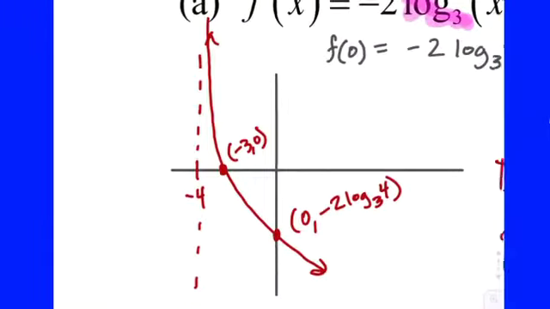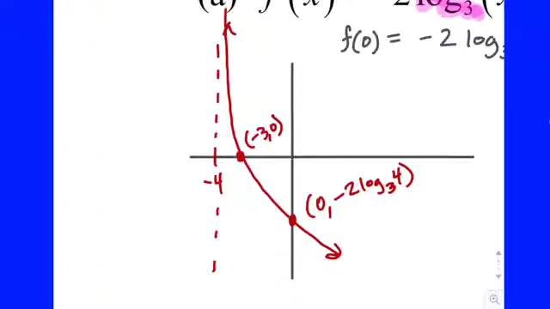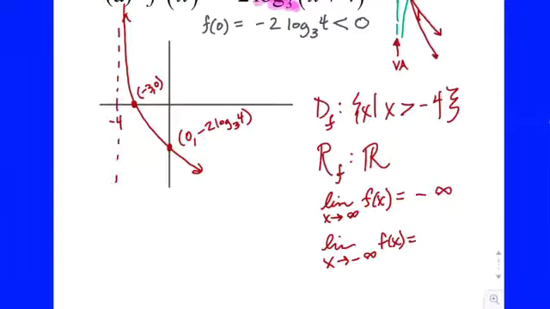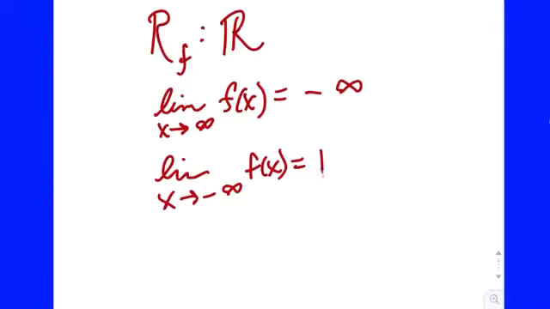When we talk about the left end behavior of the graph, we're not talking about the leftmost point on the graph, which would be negative 4. We're talking about way over here at negative infinity. Does the graph even live out there at negative infinity? No. So you would say what here? DNE. Does not exist.